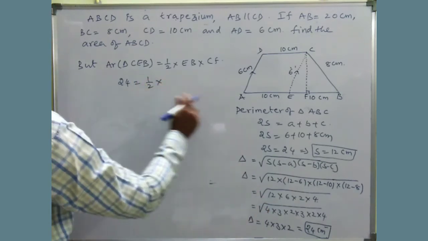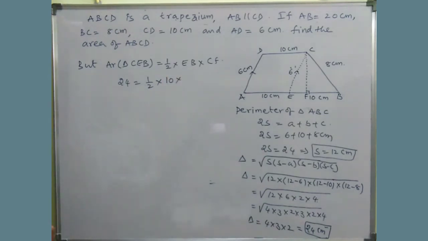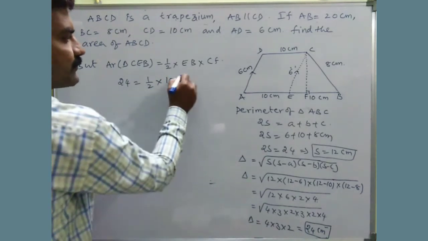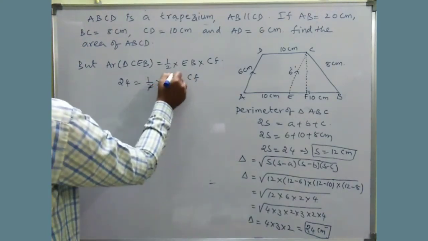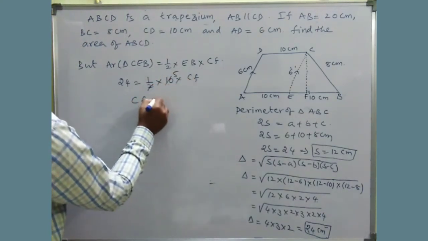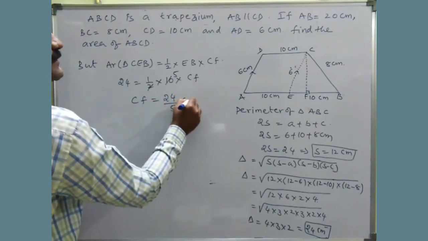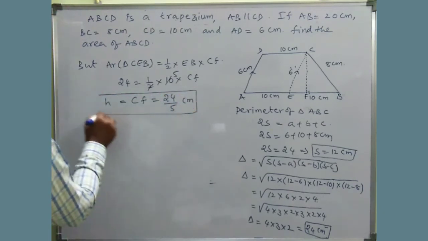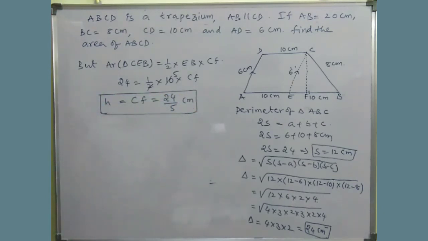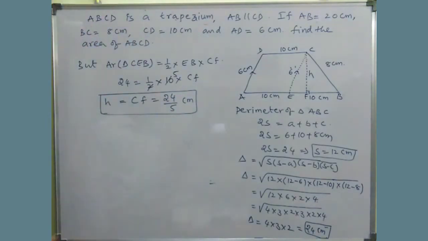Now half into EB length, which we also know as 10, into CF, that's what we want to find out here. So this is 5 times CF, which gives CF equal to 24 by 5 centimeters, which is the height of the triangle as well as the height of the trapezium.